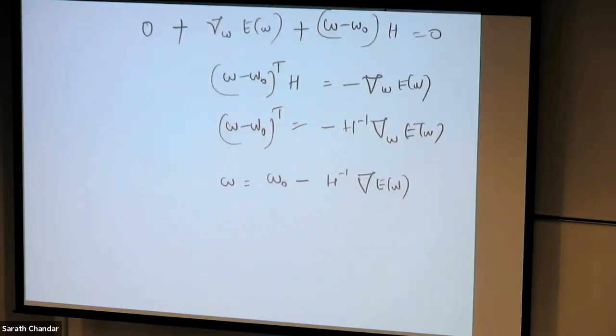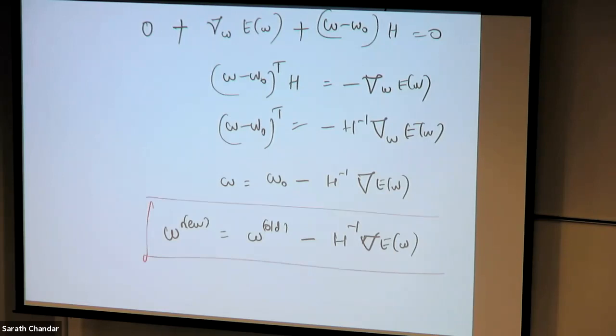I can write an update equation based on this. My new W is going to be equal to old W minus H inverse of the gradient at the old value of W. Is that clear? So this is Newton Raphson.